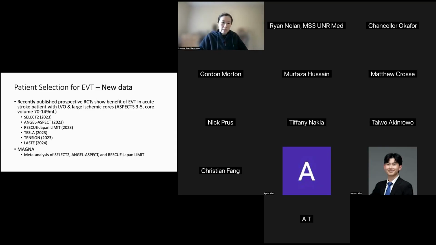In the last couple of years, there have been several prospective trials that show the benefit of endovascular thrombectomy in these acute stroke patients, even with what appears to be large ischemic cores. These are the patients with infarcts that have ASPECT scores between 3 to 5, right?